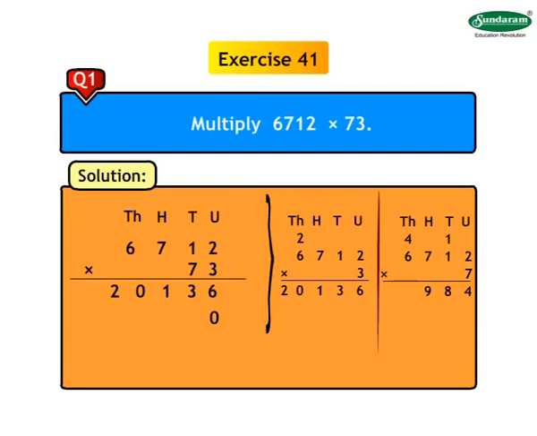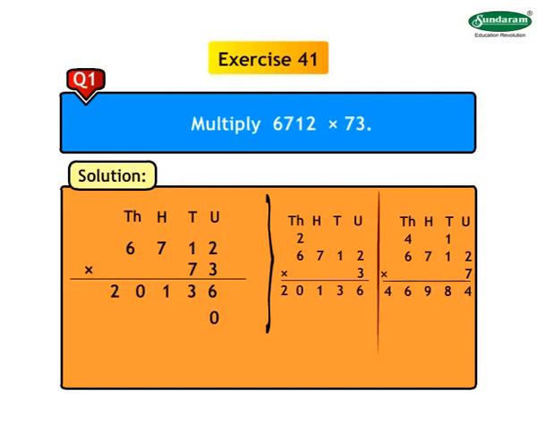Thus, 6,000 into 7 is equal to 46,000. Write 46 to the left of 9 in the answer place. Hence, 6,712 into 7 is equal to 46,984. Write this product to the left of 0.